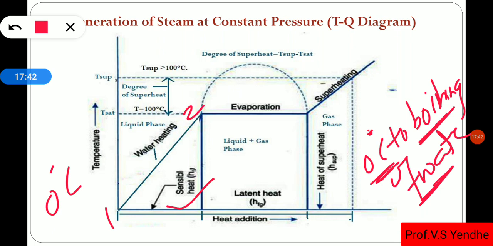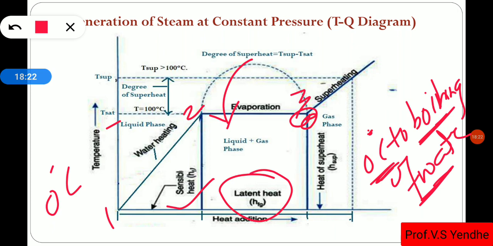Now what happens in 2 to 3? The temperature is kept the same, that is T equal to 100 degrees Celsius. But what happens? The mixture of saturated liquid and wet steam at 100 degrees Celsius is converted into saturated vapors, because we will get saturated vapors at point number 3, at 100 degree Celsius. That means this is the latent heat.